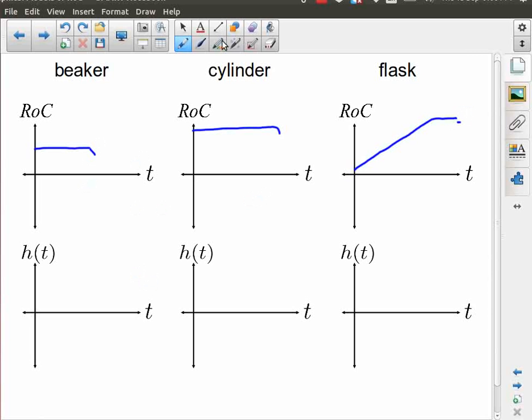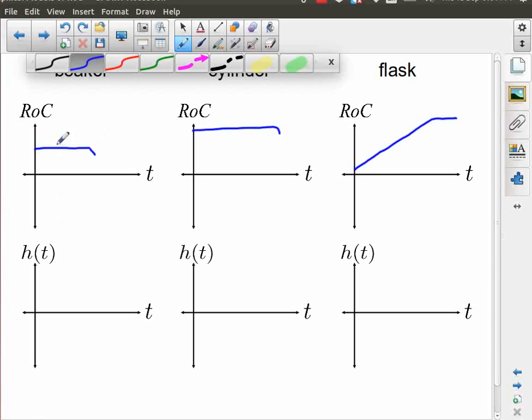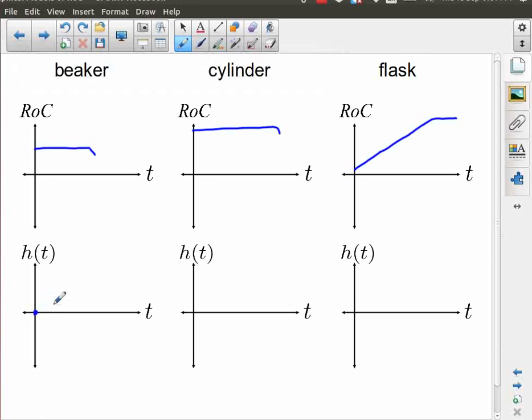Oh, I shouldn't have drawn that. Hold on a second. All right, so what if this one is increasing, it's positive all the time, and we're going to start this at 0 because it's not full at all. That means that this has a positive slope the whole time, straight line, and then it slows down, so this straight line starts to level off. Doesn't show that particularly well, so I'll just put a bit of a curve there.